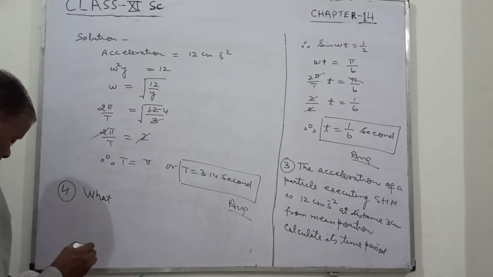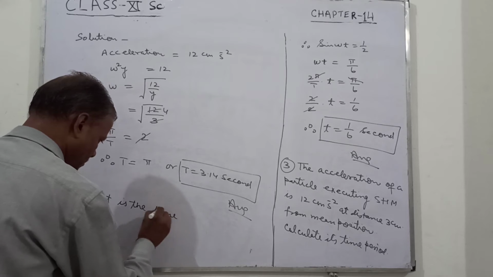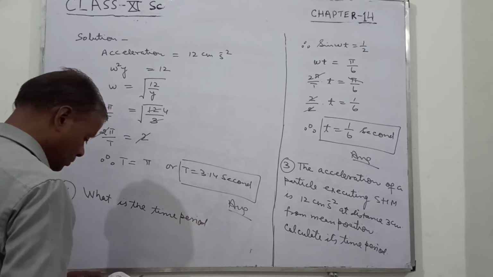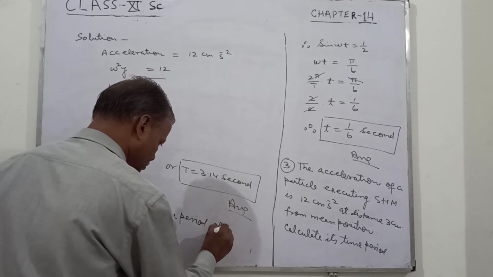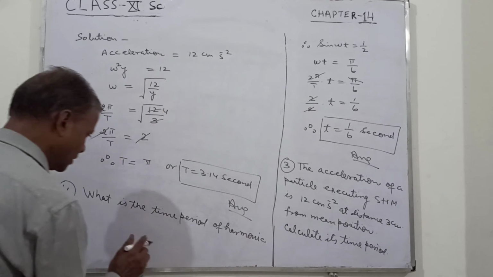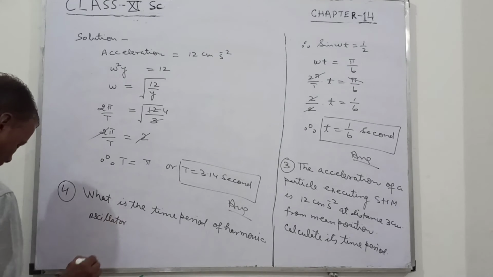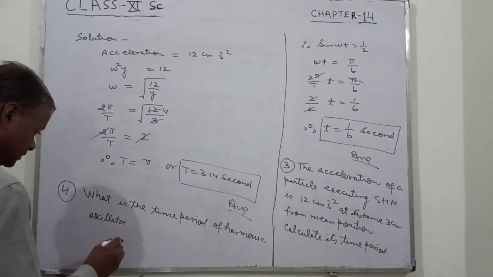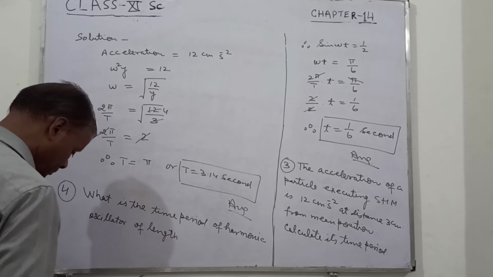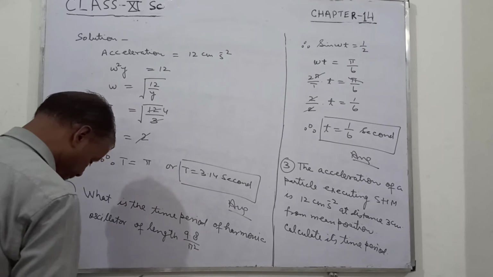What is the time period of a harmonic oscillator of length 9.8 upon pi square?